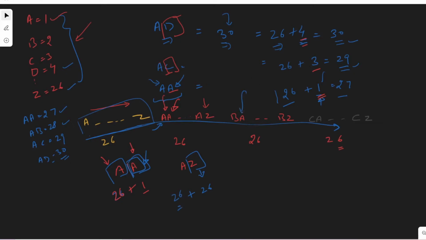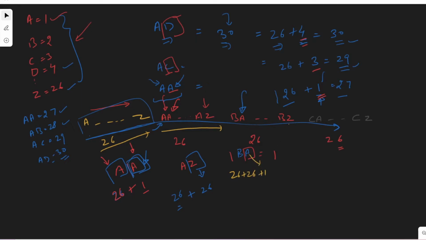Consider it for B here. BA, let's say BA is here. We consider this as a single digit series, so its contribution will be 1. For B, we know that we have already passed this series as well as this series. So basically 26 plus 26, and this contribution will be 1.